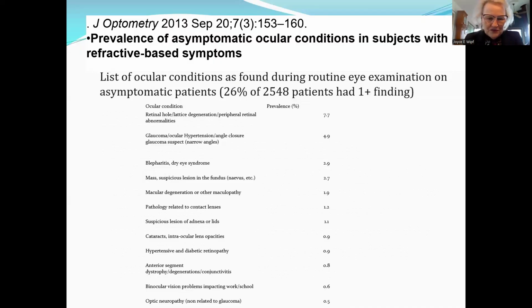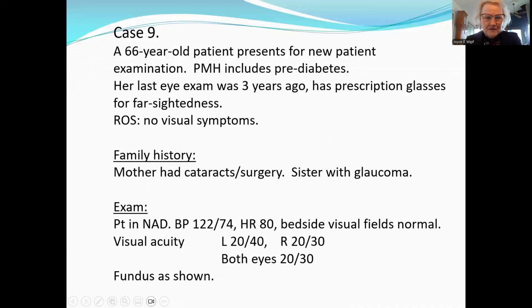You can read through these separately on your own, but just calling out a few: blepharitis, dry eye problems, pathology related to cataracts, retinopathy, hypertensive, and diabetic. And so I think it's just sometimes things have to be more significant before we can detect that there's a difference in our vision or in how we're functioning.